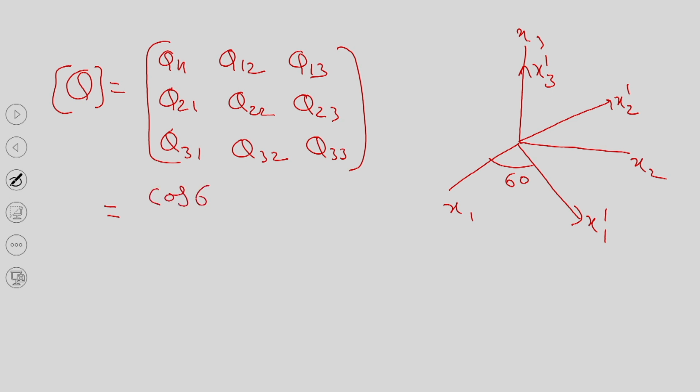Cos of 60 degrees. Then x1 dash is making with x2, which will be cos of 30 degrees. Then x1 dash is making with x3, it will be 90 degrees.